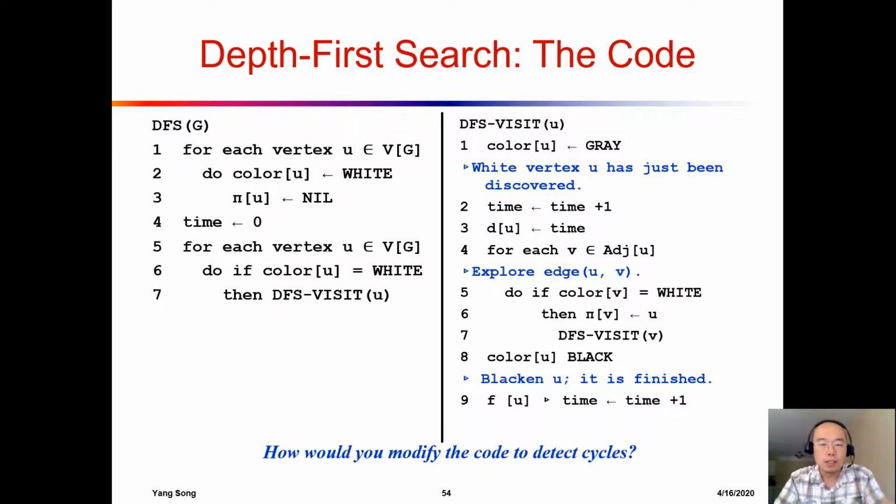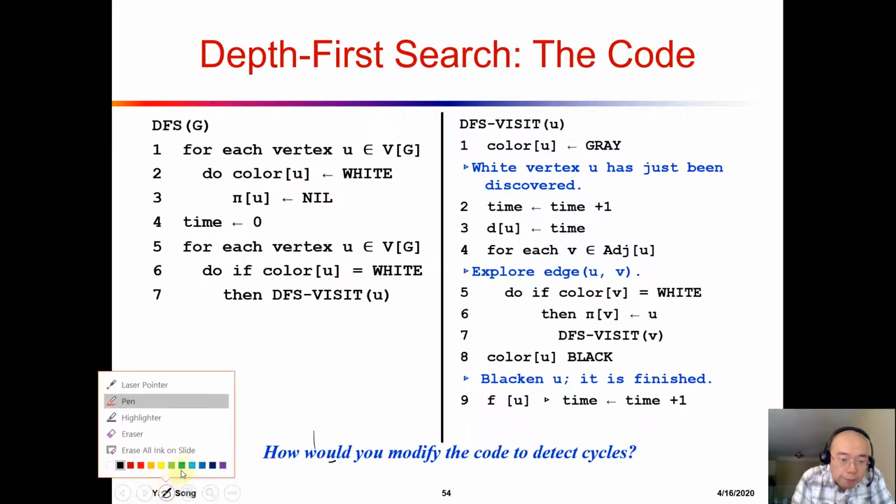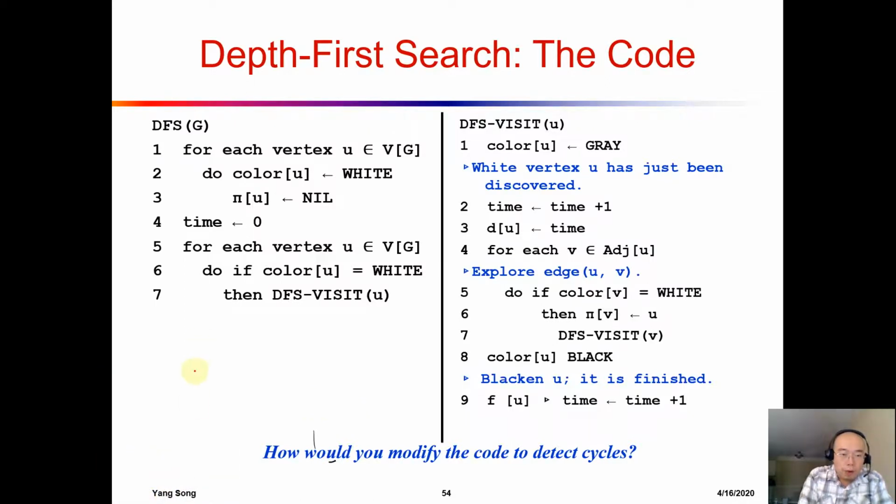Okay, so if we are modifying this algorithm to find cycles, how do we do that? Let me change the color. At the very end, I will return false, saying there's no cycle here.